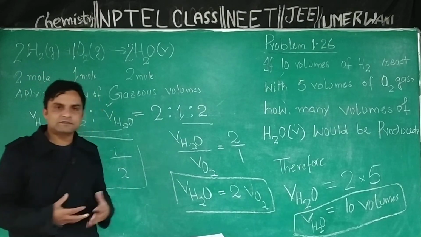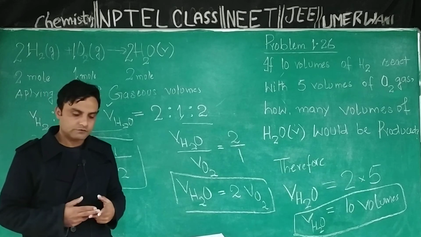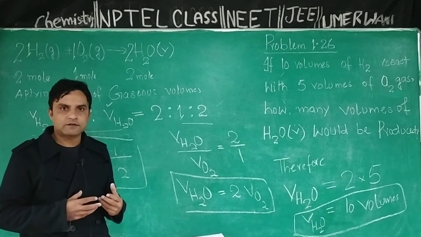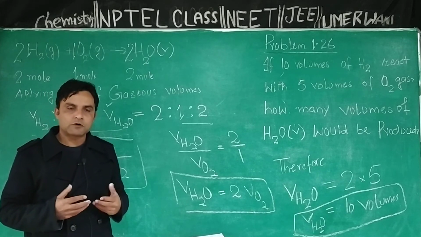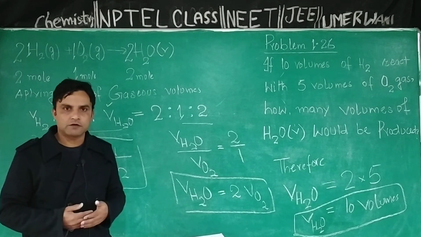In order to solve this numerical problem, I used 2 laws. First, I identified that it is a gaseous reaction, so it is bound to follow the law of gaseous volumes, or Gay-Lussac's law of combining volumes.